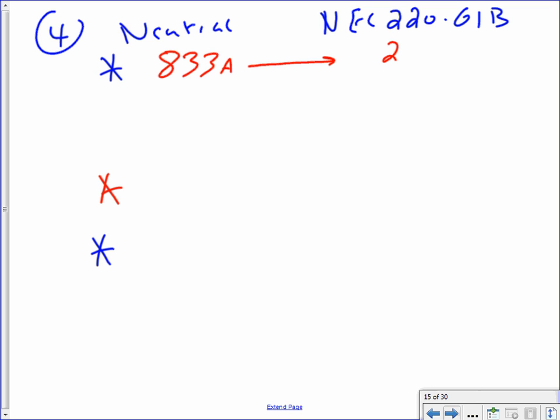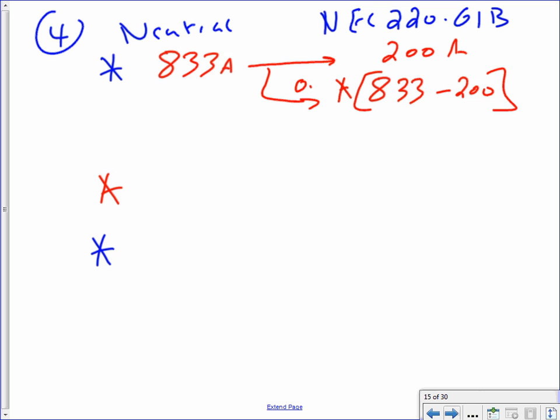So the first 200 amp shall not be touched. Anything higher than 200 amp, which is 833 minus 200, the code allows you to multiply by 0.7. And then add. See what I did, guys? The first 200 amp, leave them alone. Anything higher than 200, cut it by 0.7, add them up.